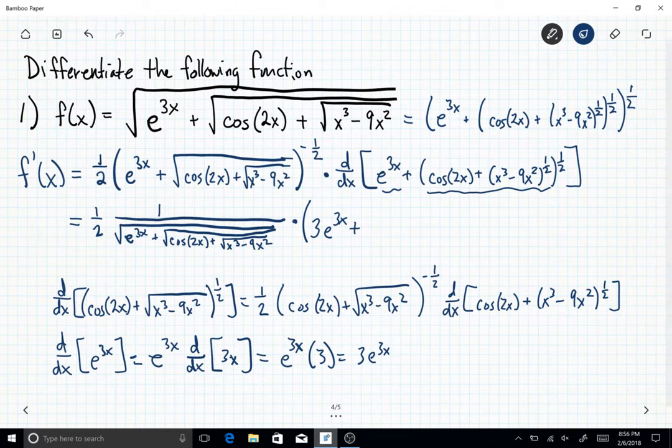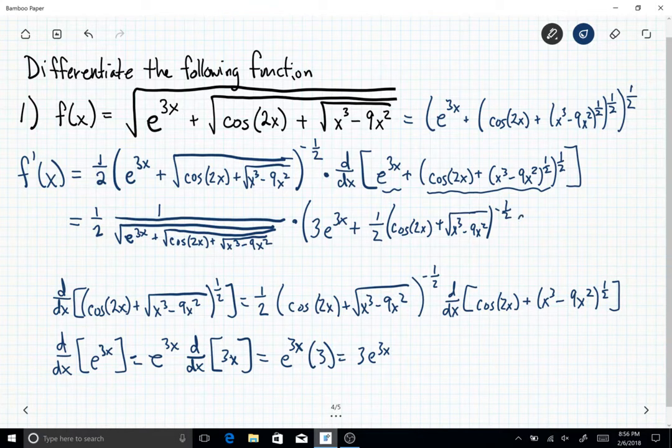So the next part though, remember it's going to be 1/2 times cosine of 2x plus the square root, let me put that in parentheses, plus the square root of x cubed minus 9x squared, and all that's raised to the negative 1/2. Okay?